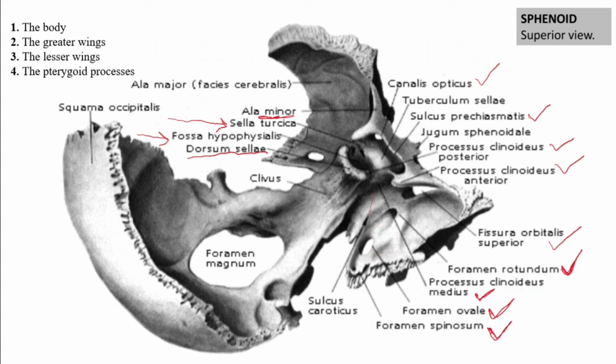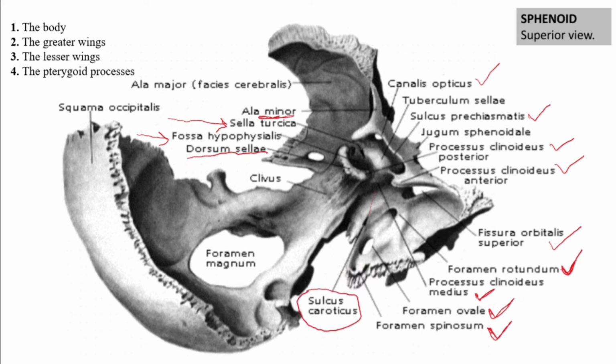And down towards the end, there's the foramen spinosum. I will show you on the next picture. It's called foramen spinosum because it's next to the spine of the sphenoid bone.